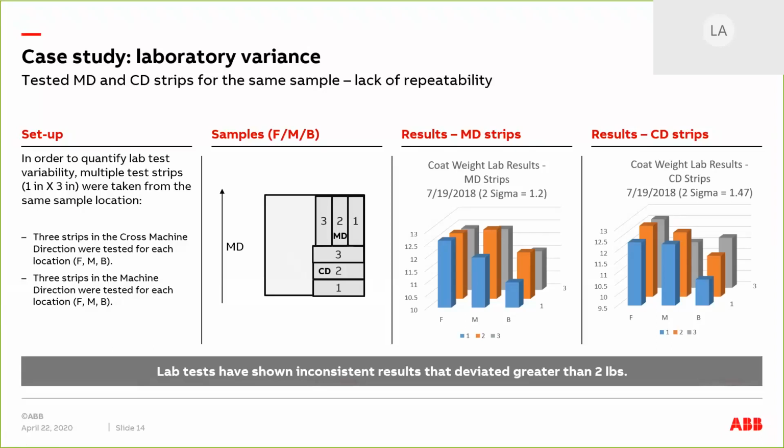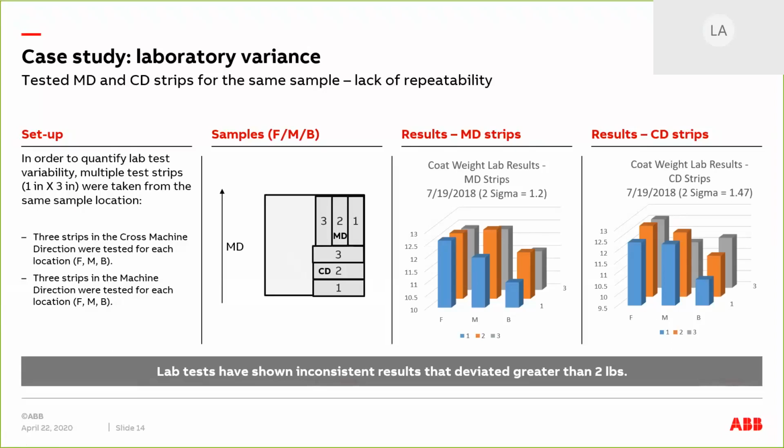And then the crucibles that we use, because we had to burn these samples to ash and then calculate the coat weight. If you have an error in the crucible weight, 0.01 gram error in the crucible weight, that will produce 1.2 pounds of coat weight error.